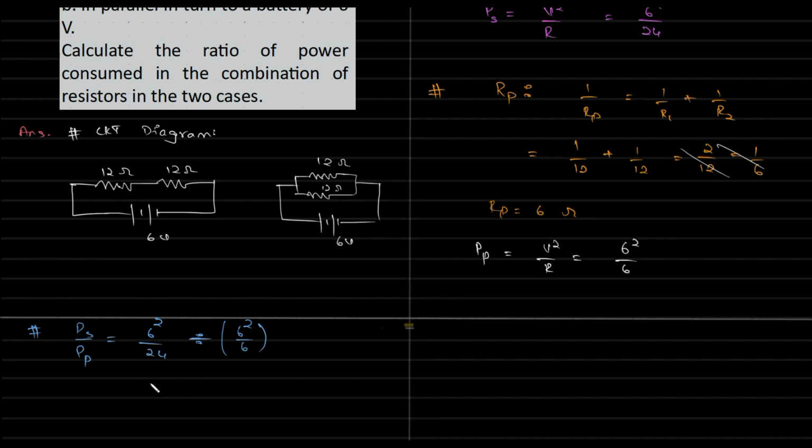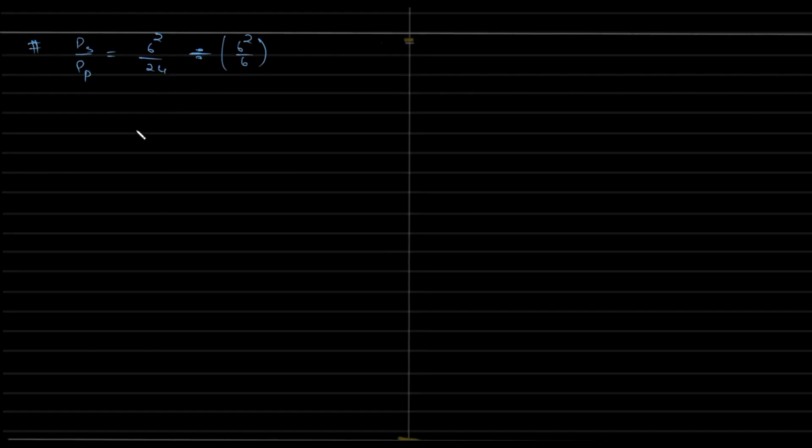So we have this to be 6 squared by 24 into 6 by 6 squared. So this and this will get cancelled and we have 1 by 4. Right? So remember, I'm just cross multiplying. So parallel connection is equal to 4 times the series connection power consumption.